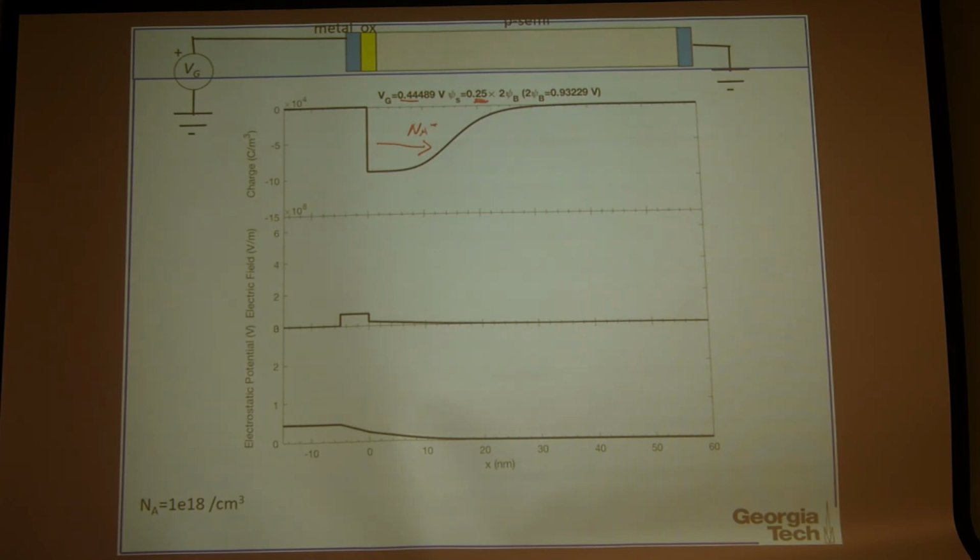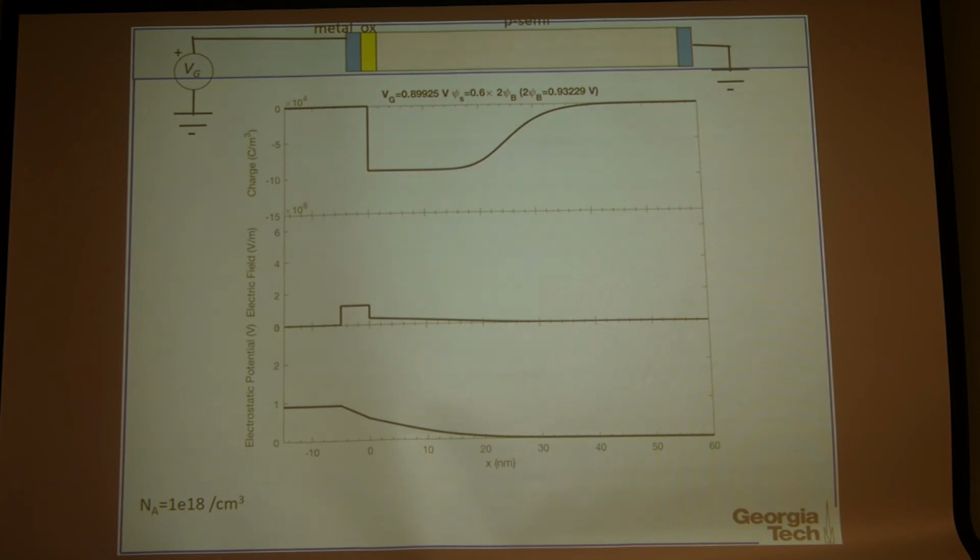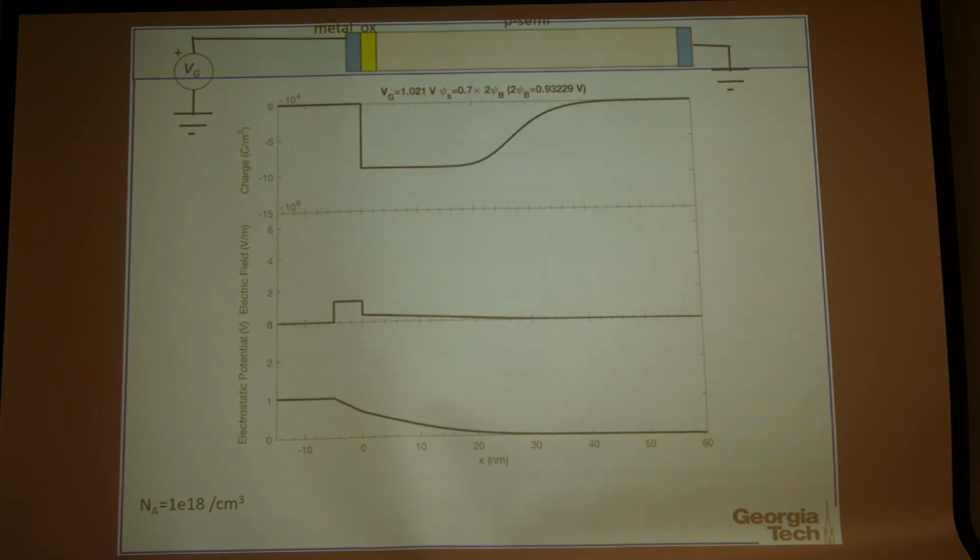Okay, let's keep increasing the gate voltage. So you see the depletion width further increase, further increase, further increase. And here you see the voltage keeps going up, but no matter what, this voltage will drop across first this oxide part, and then the phi s. I would say the VOX is this part, and phi s is this part.